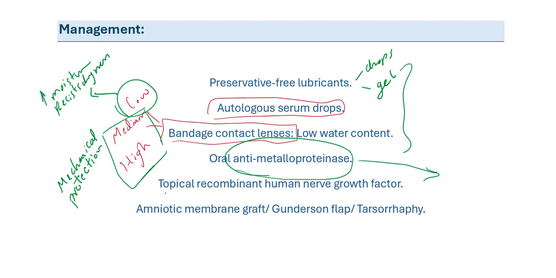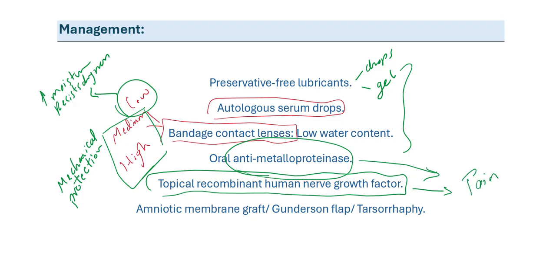Other innovative medications like topical recombinant human nerve growth factor eye drops are used and they have very promising results. The only drawback is they cause pain as an adverse reaction during the course of treatment.